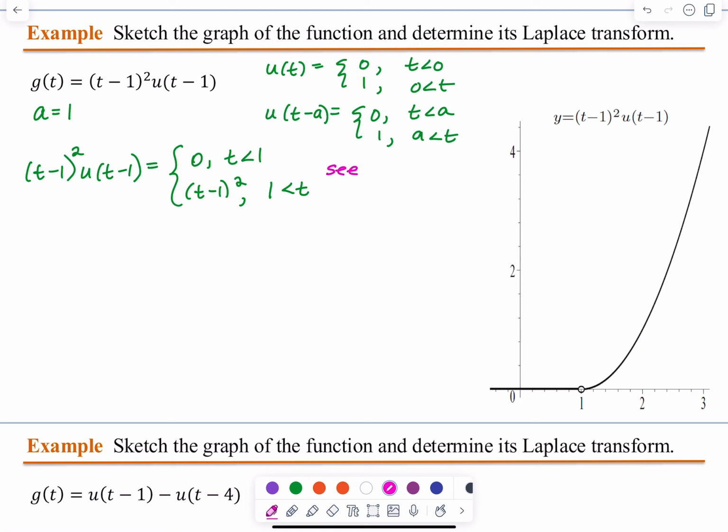See? Graph. So when t is less than 1, of course, we have that the function y is equal to 0, and I have that highlighted here. And then here we have t minus 1 all squared. So that is this part.